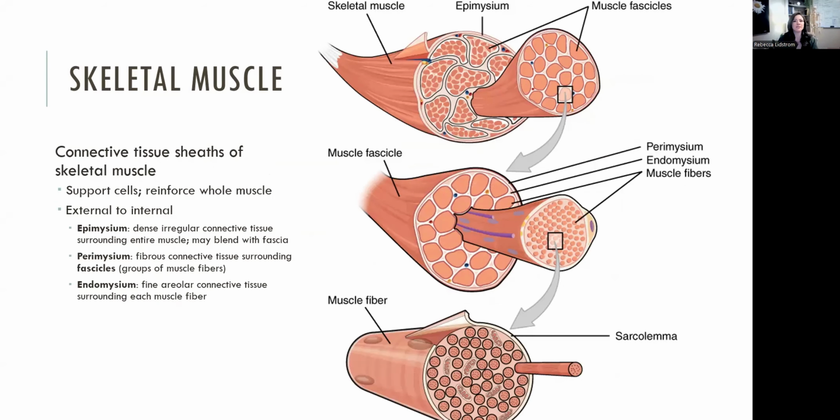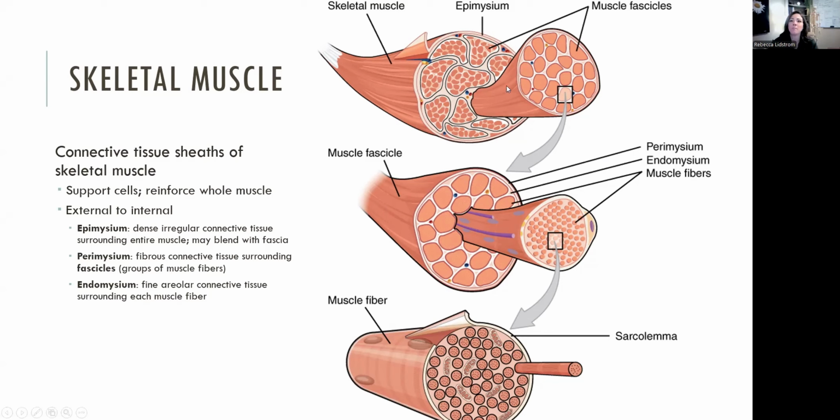So looking at the muscles themselves, if we look at the bigger muscle structure, this top picture, it is going to be covered by epimysium. And this is going to be dense, irregular connective tissue that's surrounding it and can blend into the fascia. Fascia is connective tissue that's going to encapsulate one or more muscles together. The perimysium is going to be the fibrous connective tissue around each fascicle.